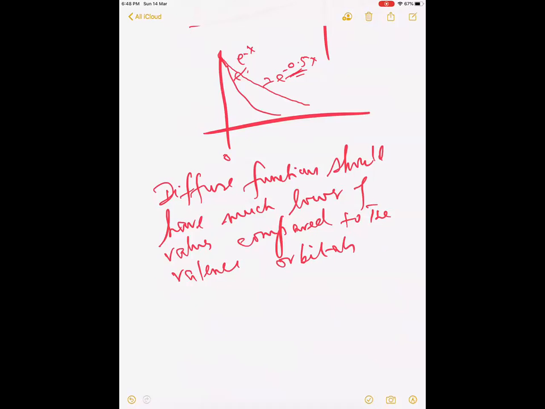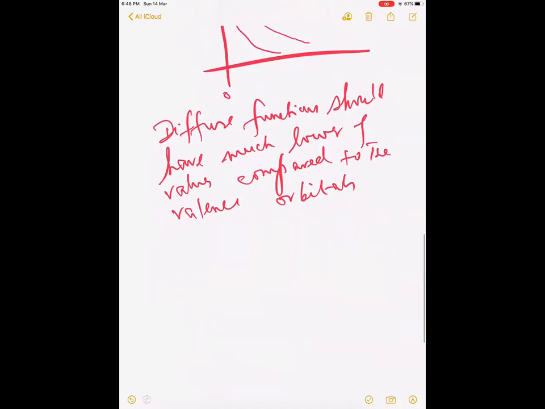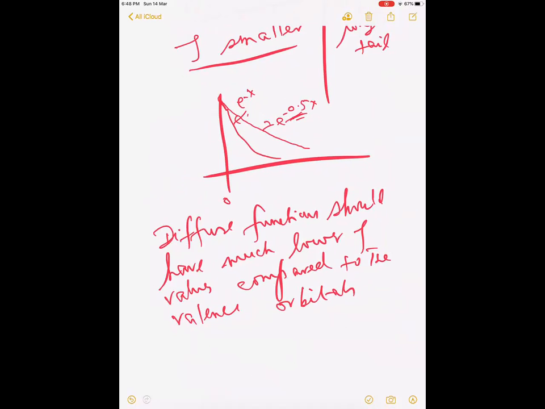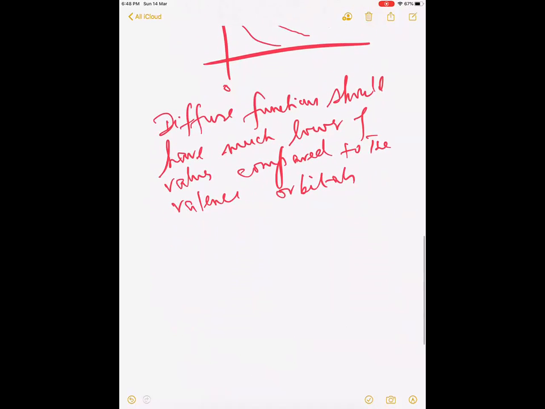I can't simply change the valence orbitals, because if I change the valence orbitals, then the valence orbitals' effect will go. So the diffuse functions typically are done with a much smaller value, and I will come to the value later, but typically between 0.01 and maybe 0.1 at the most. So the zeta values are very, very small. All right. So with that, we can tune various different basis functions as we want.